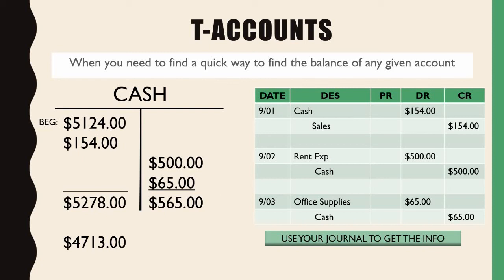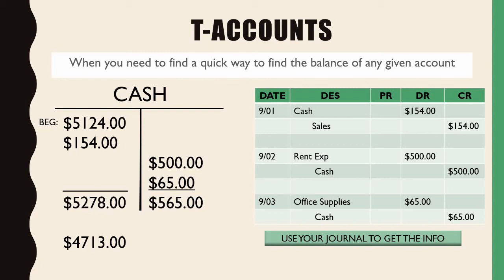So again, this isn't something I emphasize too much in this class. It's only necessary if you feel this is the best way to keep track of your records. It's just a concept that I know some accountants use.